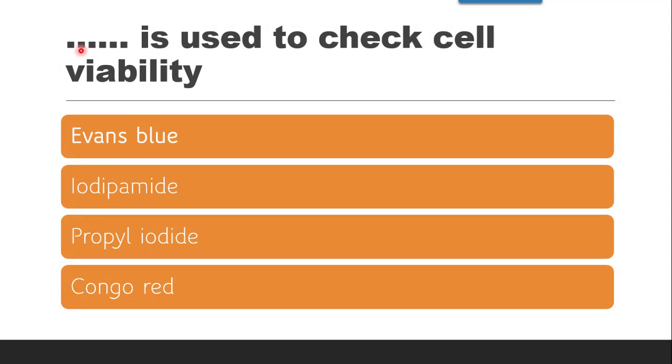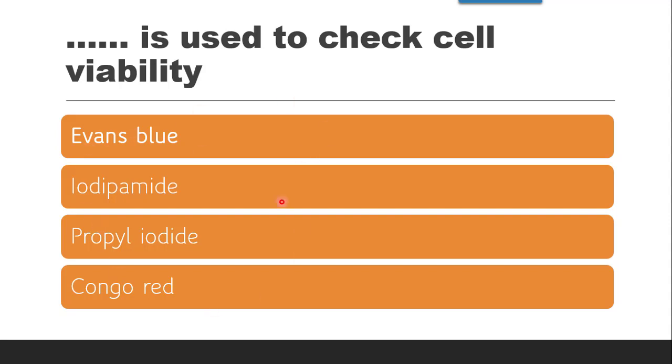Next question is: dash is used to check the cell viability. Now coming towards the application of the diagnostic agent, to check the cell viability, the primary dye which is used is Evans blue. How does it check the cell viability? Evans blue has its own characteristic property that it is a non-permeating dye.